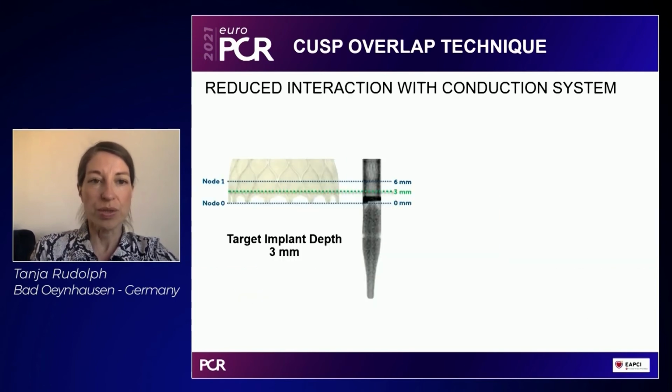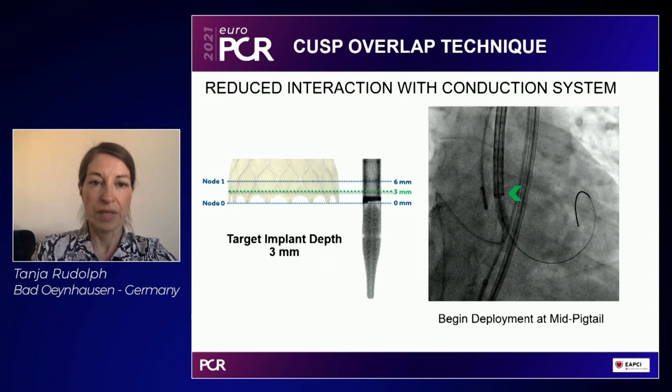In order to reduce the interaction with the conduction system, we should attempt an implantation depth not lower than 3 millimeters into the LVOT. We should also try to start deployment at mid-pigtail, so the valve should travel into the aortic annulus during deployment.